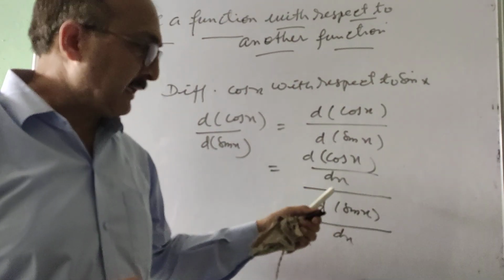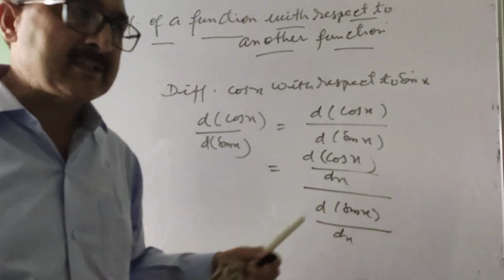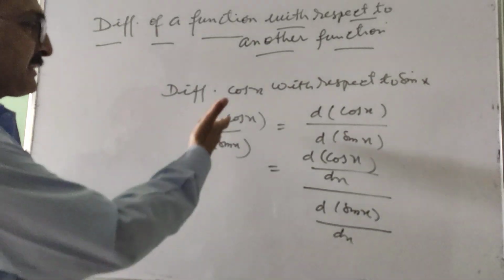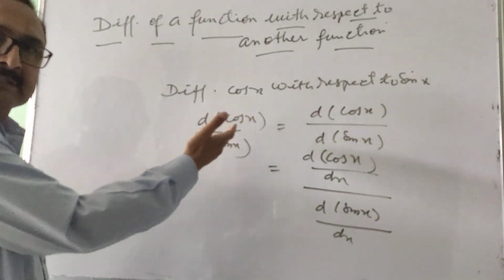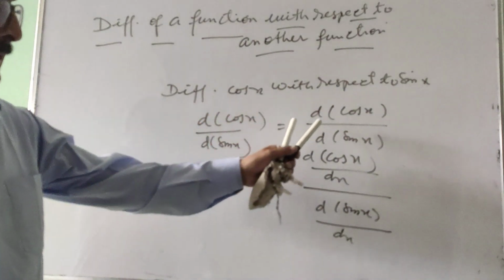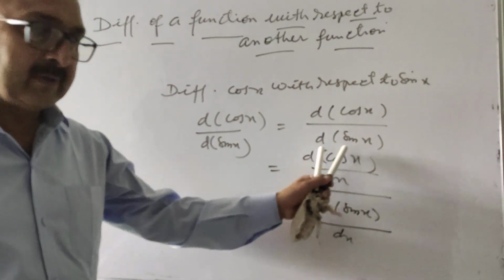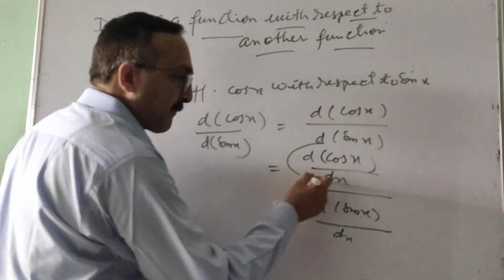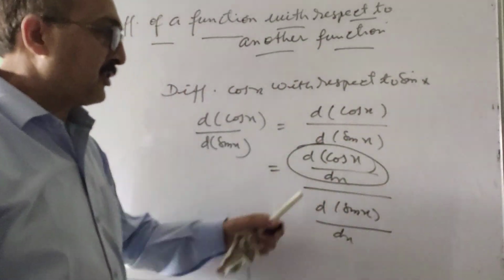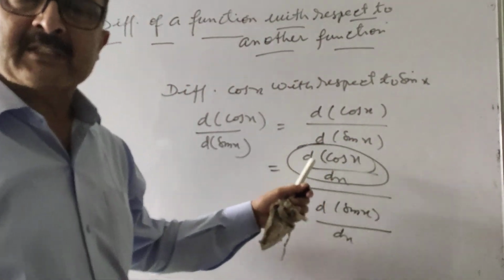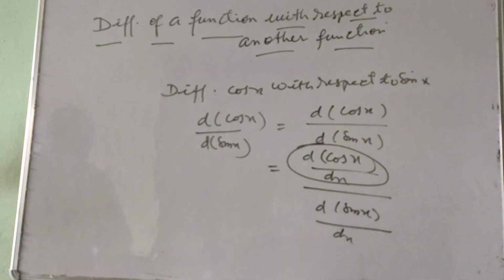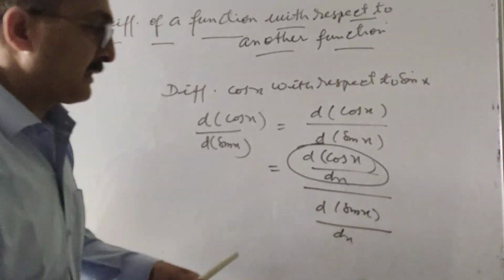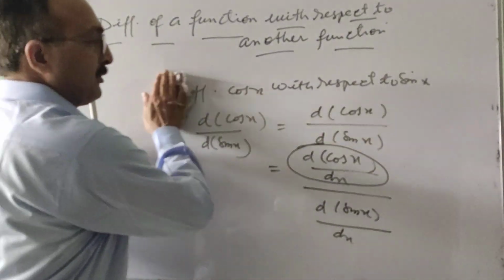Dividing numerator and denominator by dx, there is no change. Now the same thing: d cos x upon d sin x, and divide by dx and dx. And this is a separate problem: differentiation of cos x with respect to x and differentiation of sin x with respect to x. And now we know very well how to differentiate this.